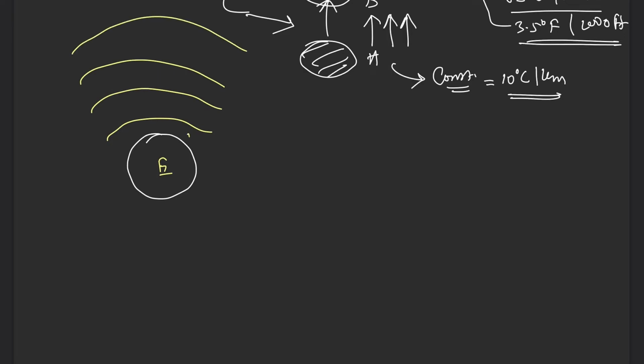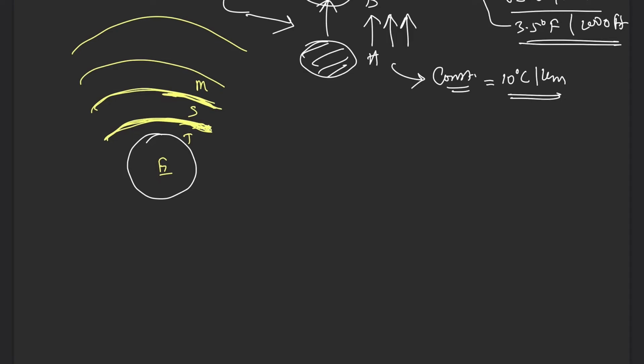Between the troposphere and stratosphere, there is a thin layer where there is no change in temperature if we go upward. At that particular thin layer, there is no increase or decrease in temperature. In between stratosphere and mesosphere, there is also a layer where the temperature doesn't increase or decrease.